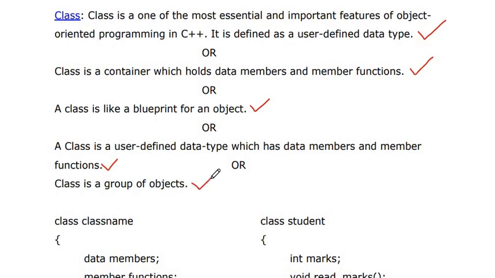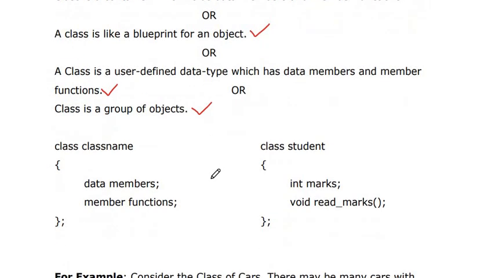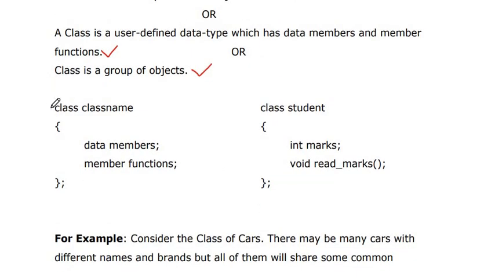Now let us see declaration of the class. How do we declare a class? Here class is a keyword. Keyword class is always followed by class name. In the place of the class name we can write any valid identifier. Next we have to include the open bracket.